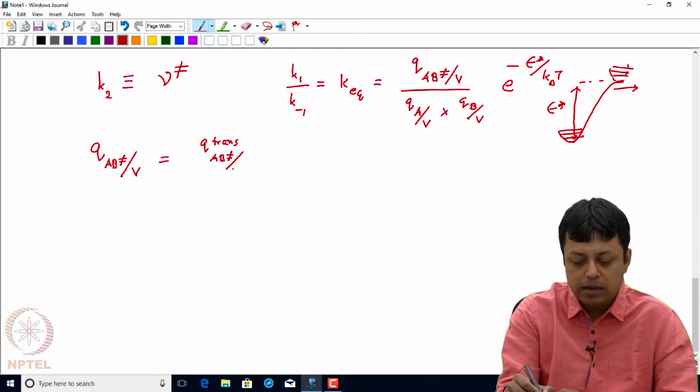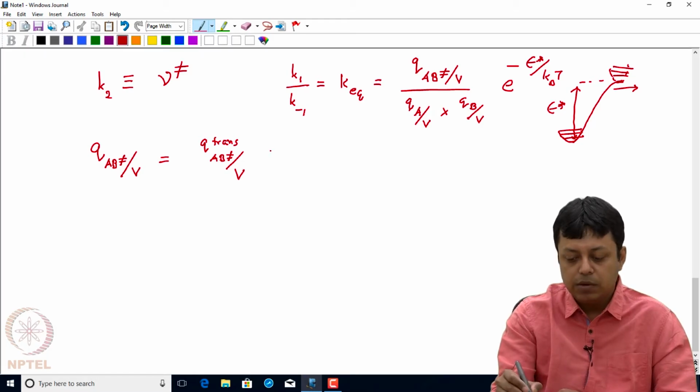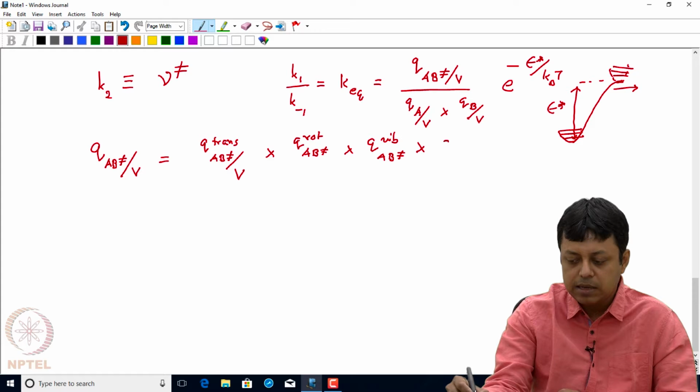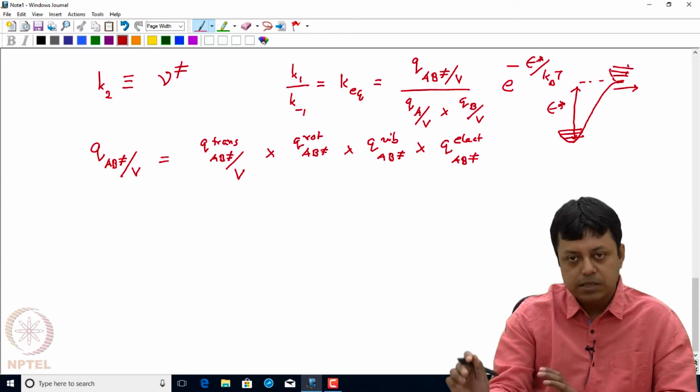Usually we associate the volume with Q translation. It will be times this Q rotation of AB dagger, then it will have Q vibration of AB dagger, and then there will be also electronic, but usually in this case I will say the electronic partition function is 1, but we are just keeping it for the time being.